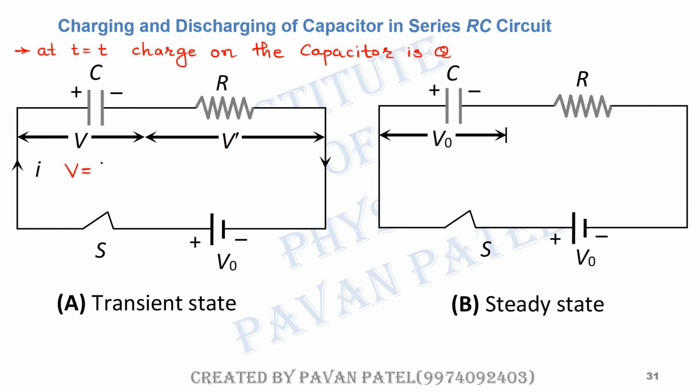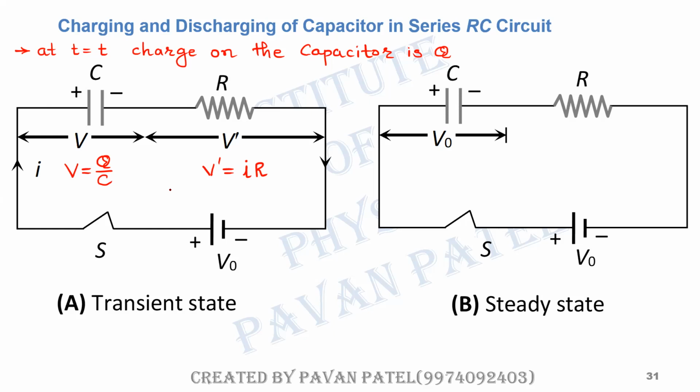V is equal to Q divided by C. Okay, V dash. Current is I, so V dash is equal to IR. I is the current of the circuit in the transient state. Then for the potential difference across the resistance, V dash is equal to IR.